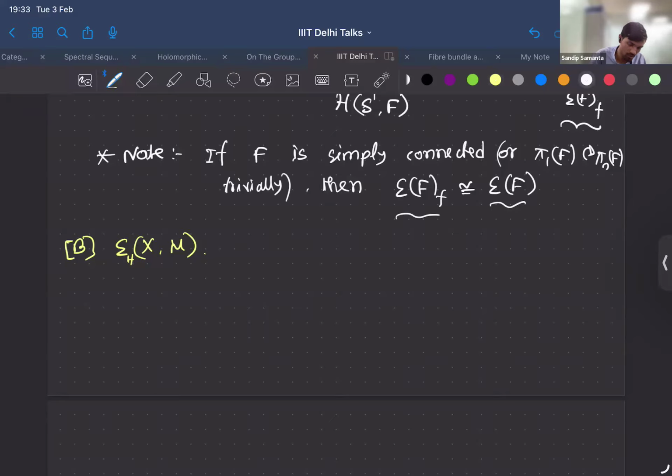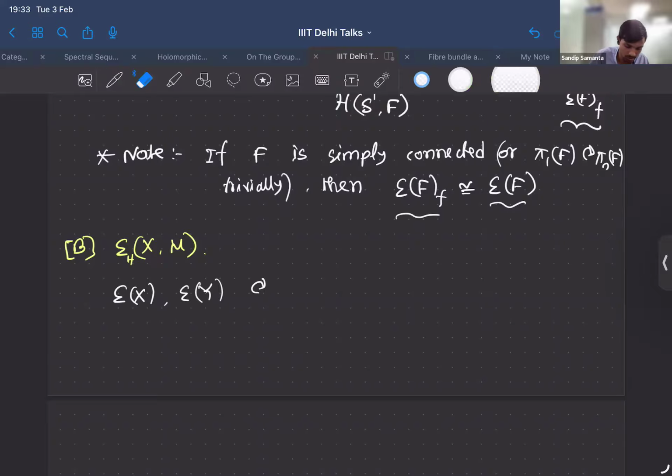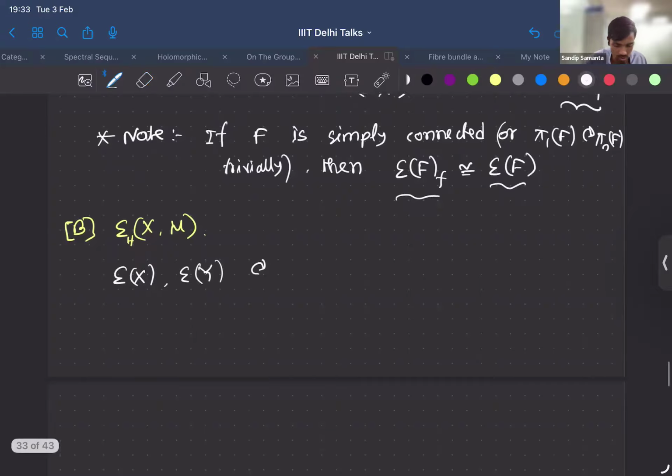For that we note that epsilon X, and even epsilon X or epsilon Y, are based homotopy maps only. So they act on the set of homotopy classes of maps.